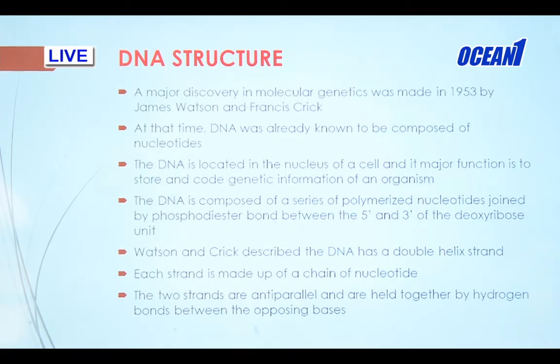Now, the DNA is composed of a series of polymerized nucleotides that are joined together by a phosphodiester bond between the 5' and the 3'. Now I'm going to show you where the 5' is and where the 3' is.